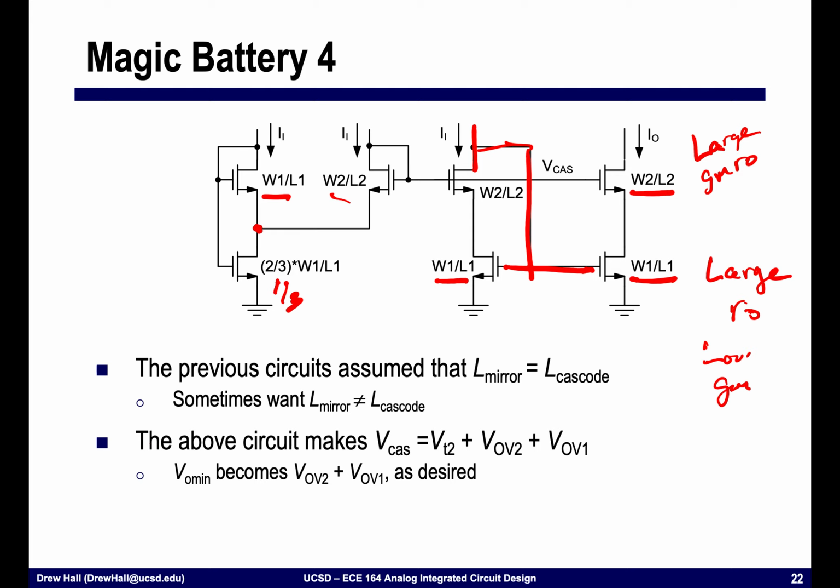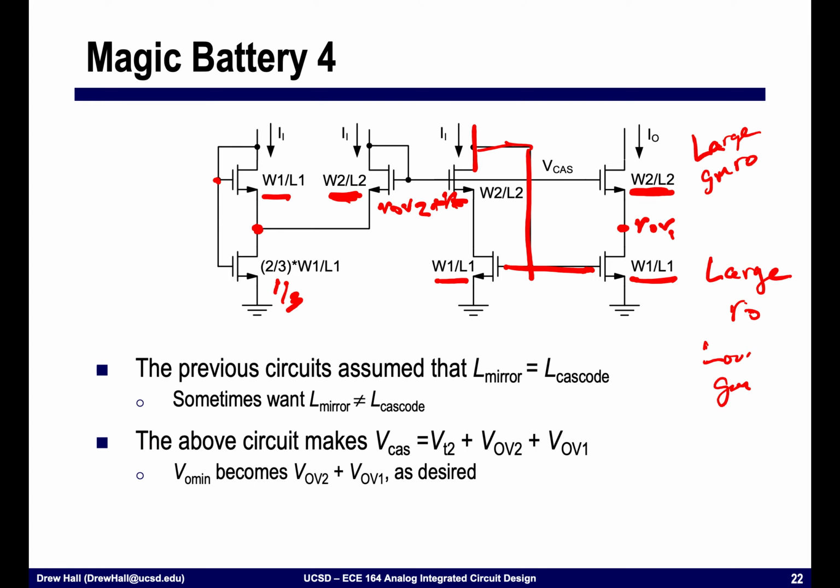But what you'll see is that this allows us to generate here the right voltage that we would need in order to put VOV here. And we can't simply take this voltage because now it would be the wrong VOV. That's where this M2 device that we've folded in comes into play, because it lets us generate VOV2 plus VT that is then subtracted back off on this side to get us back to VOV1.